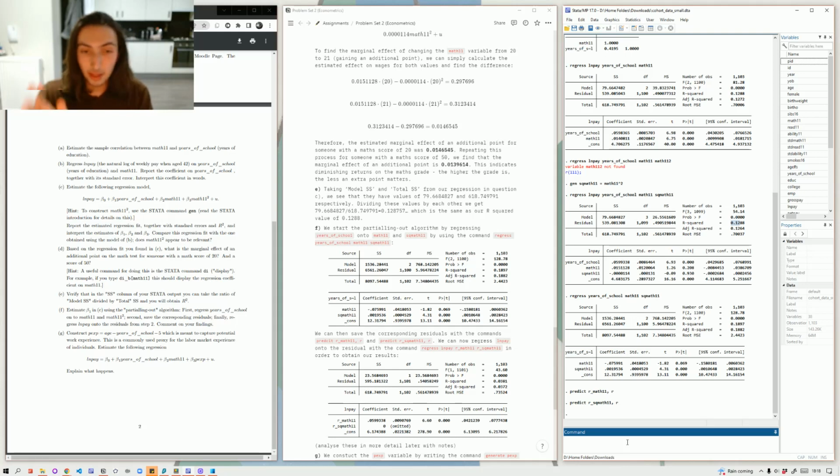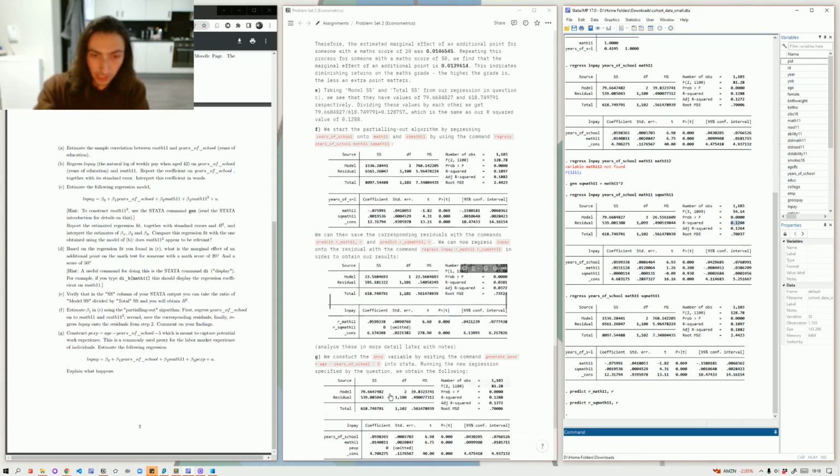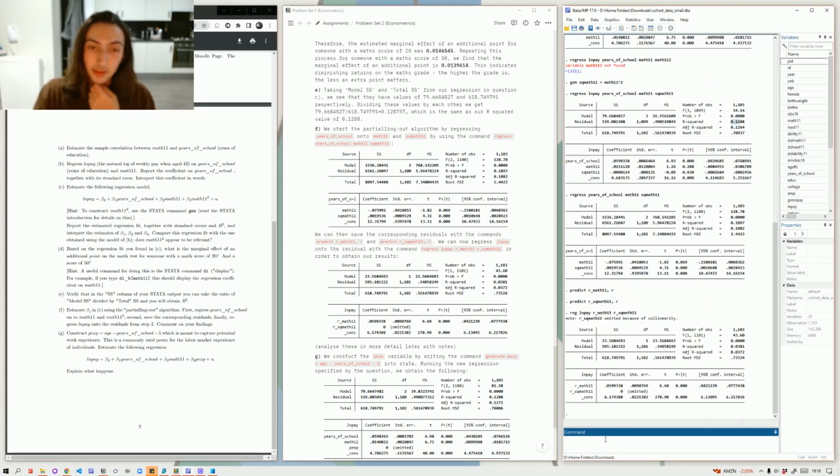That's the command. Then what we do is a regression of linpay on the residuals. So regress, I'm just going to do reg now, linpay r math 11 and r square math 11. There we go, that's what you should get. You can see here that r square math 11 was omitted because of collinearity.